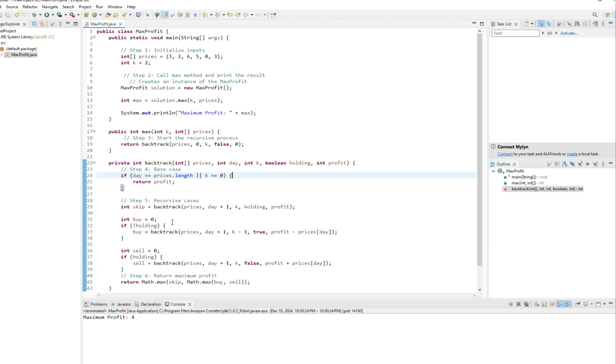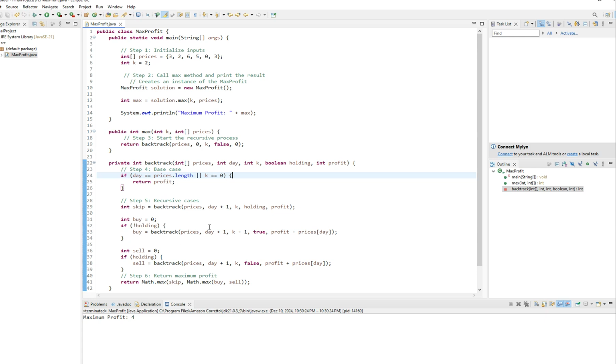Then we start to implement the buy condition. So on buy we have the condition not holding.